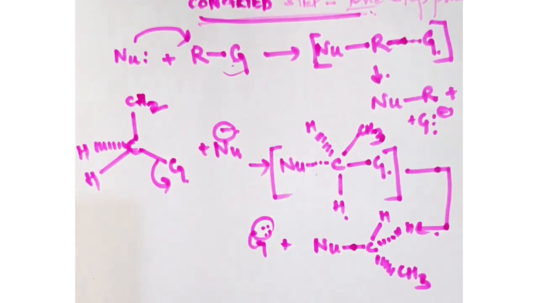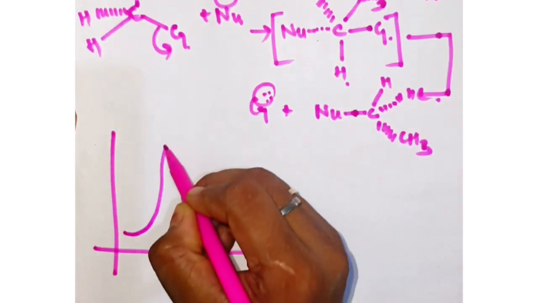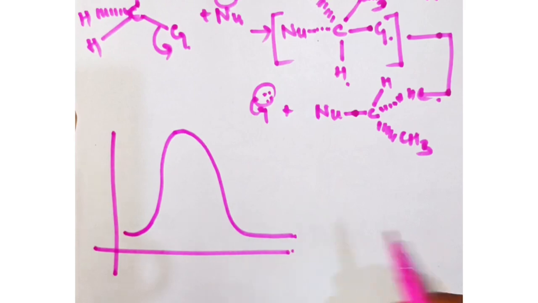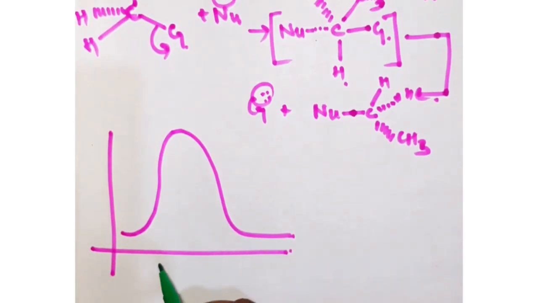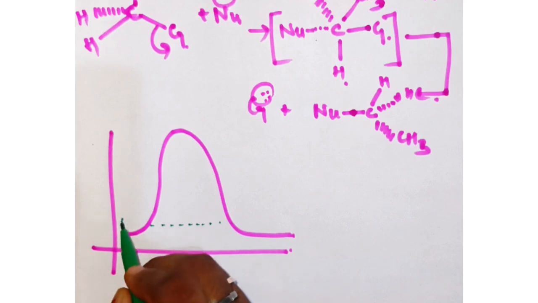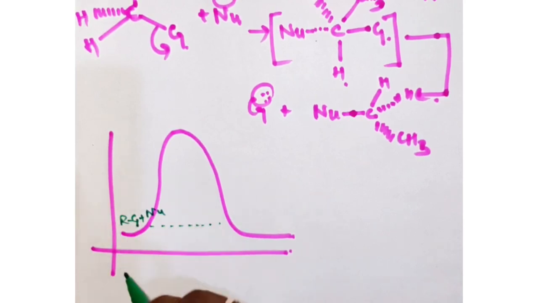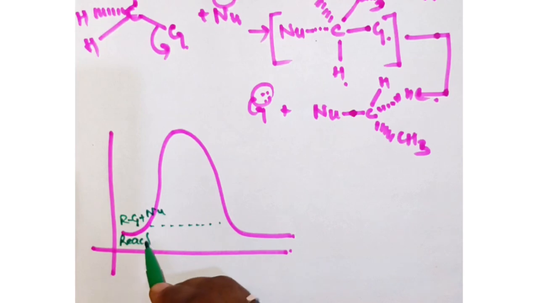Here this process actually involves a one-step reaction, so the energy profile will be like this. This is your substrate plus nucleophile, these are the reactants.